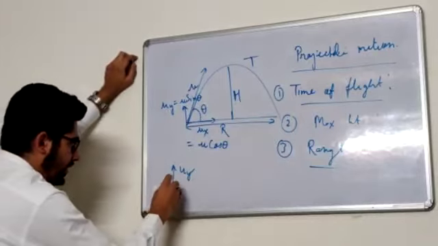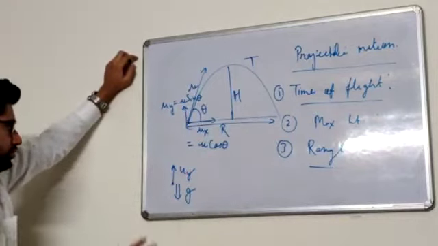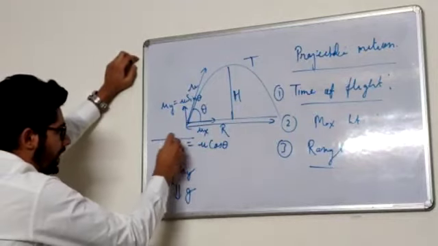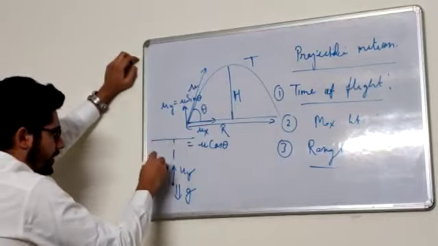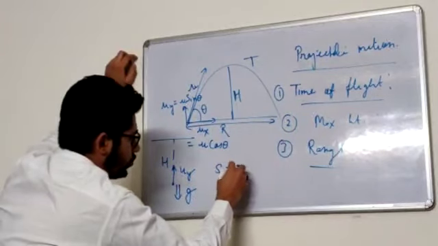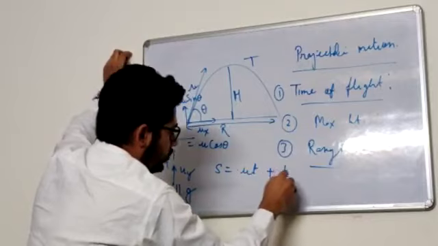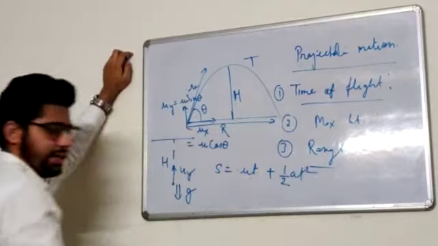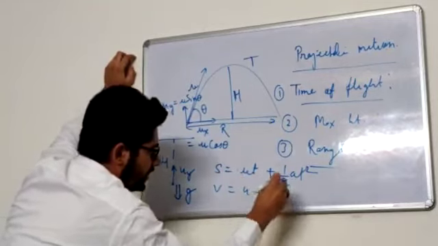And of course, gravity is working in this direction. So if I want to calculate that the particle went up to height capital H, then I can write S is equal to ut plus half at square. This is one equation, and we also have v is equal to u plus at.